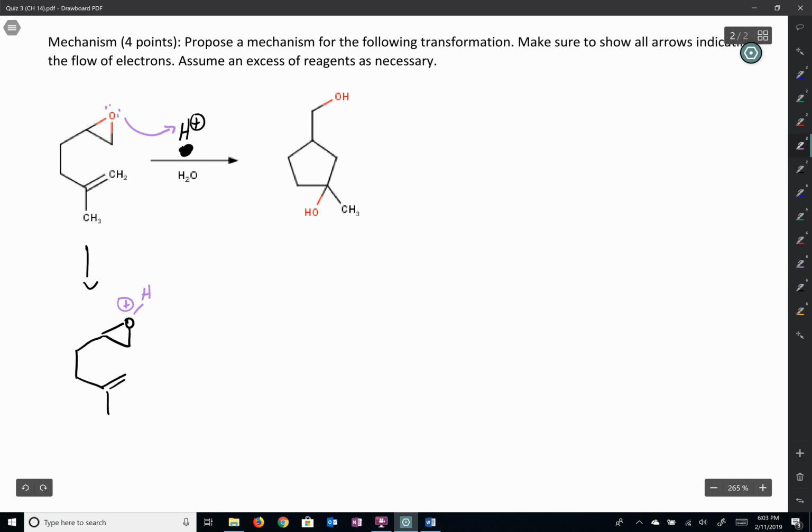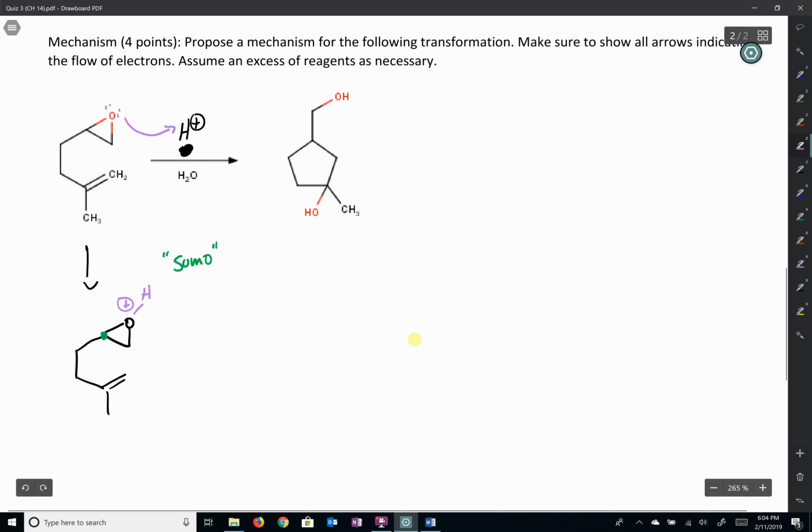And remember, under acidic conditions, this is what I call the sumo mechanism. Under the acidic conditions, the epoxide is going to open, or start to open, and leave a partial positive at the most substituted carbon.